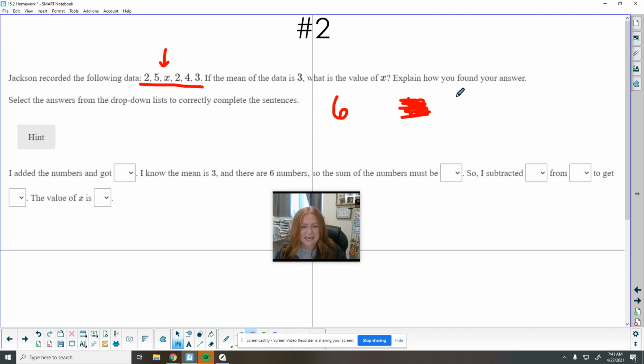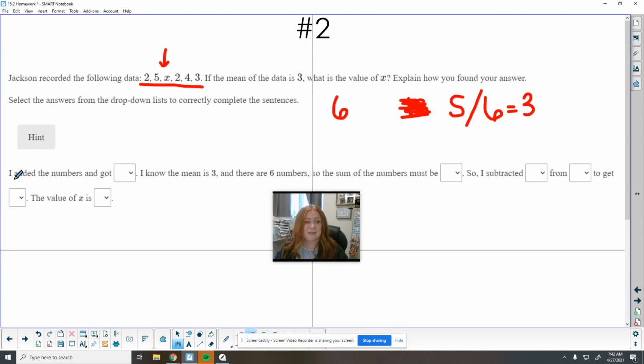Something, so we're going to say S for something divided by 6 equals 3. This will tell me my total that these had to add up to. So something divided by 6 equals 3. So what is the total of all of these numbers? So keep that in the back of your mind here.